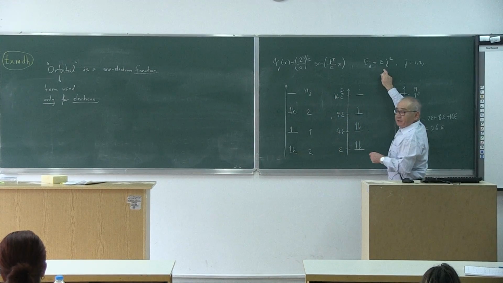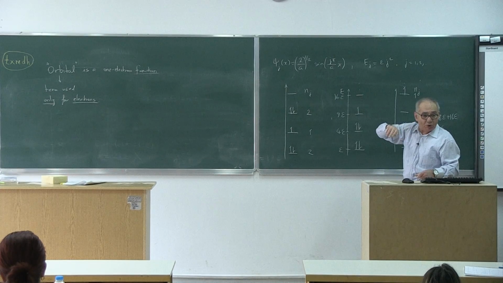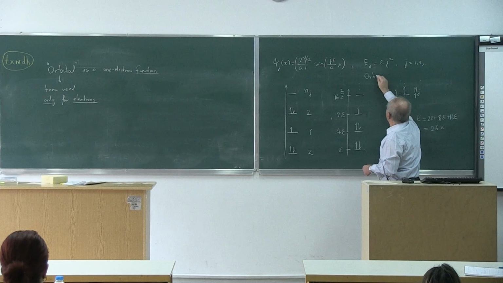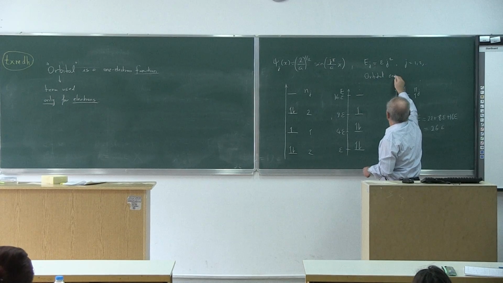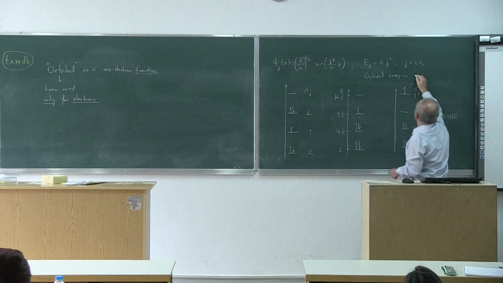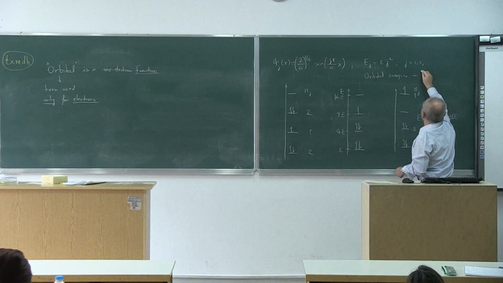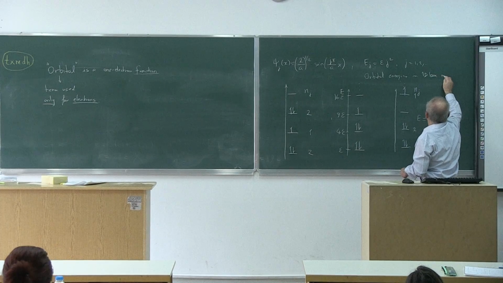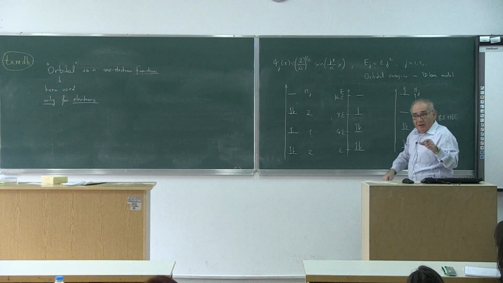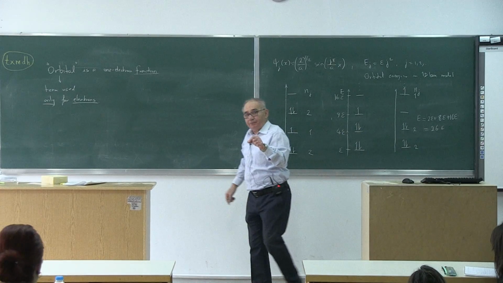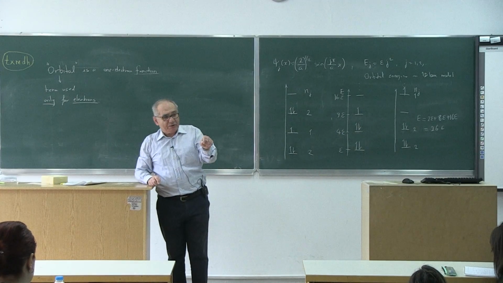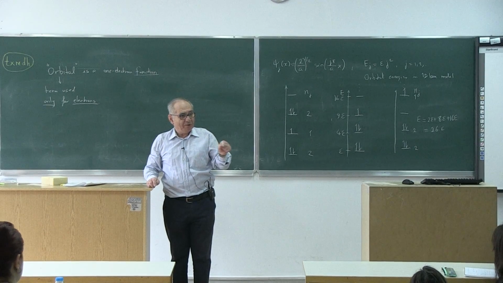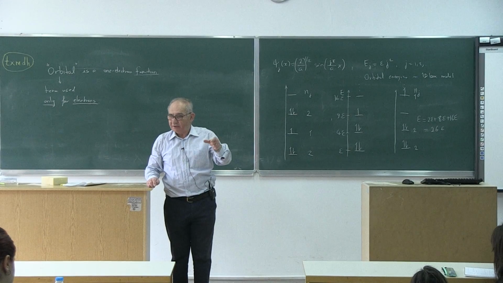Now, the corresponding energies are called orbital energies. The critical point is that the particles you are considering must be electrons. Only then do you use the terms orbital and orbital energies.